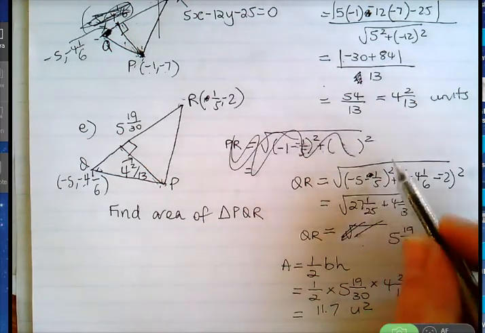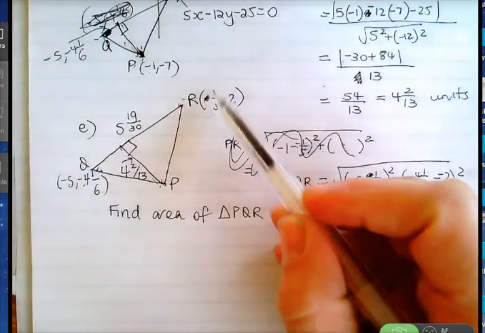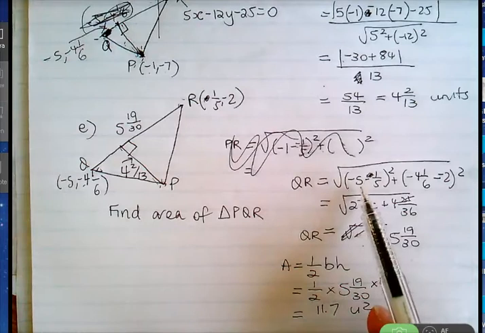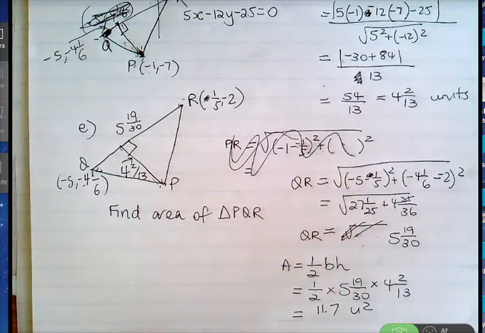Okay, it is negative 5 minus 1/5. It works out to be the same thing anyway because, yeah, it's correct. It's 5 and 1/5 squared, which is 25.